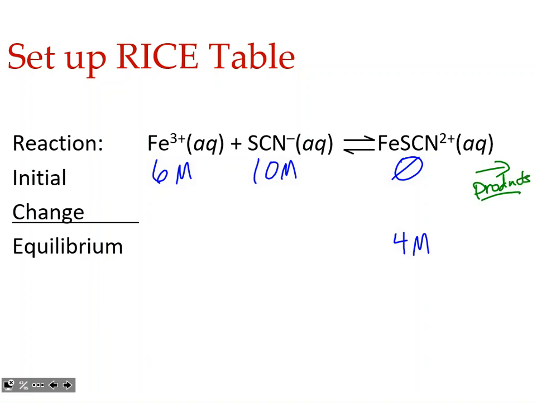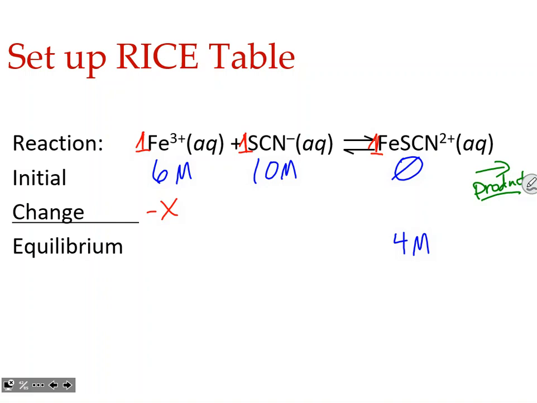All right? Got that. Now, let's think about the change. Go back to the molar relationship. We have 1 to 1 to 1. Now, when this reaction proceeds towards the product, you're going to lose a certain amount out of the reactants, right? So we're going to call that value X that we're going to lose out of our reactant.